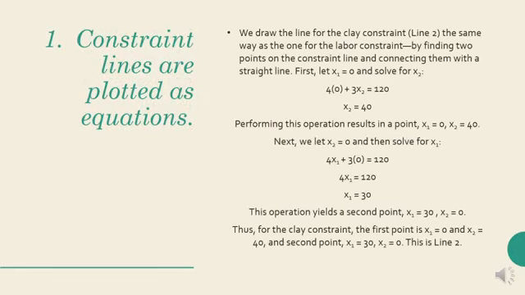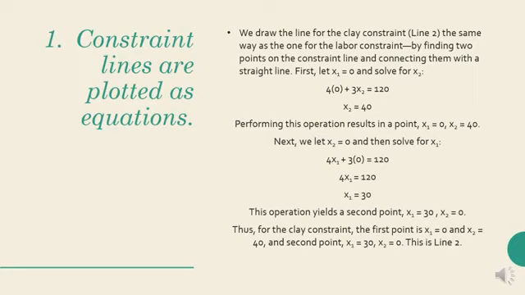We draw the line for the clay constraint. Line 2 naman ngayon. Ano? The same way as the one for the labor constraint. Ganon din yung gagawin natin by finding 2 points on the constraint line and connecting them with a straight line. Okay, so dun sa second constraint, clay constraint, so let x1 is equal to 0 and solve for x2.